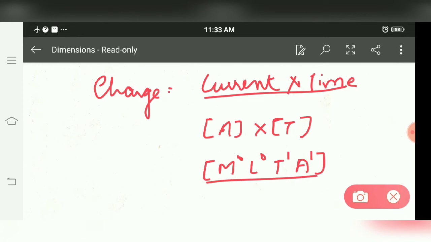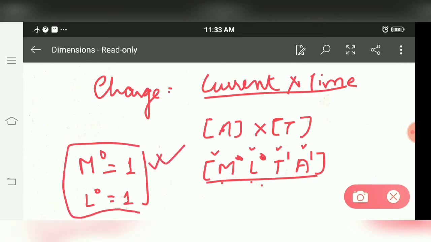We always try to write first M, then L, then T, then A with whatever power. If M and L are not present, then we write them with M0 and L0, because something raised to power 0 is always 1. So there is no actual effect of writing this value with power 0 in this formula.